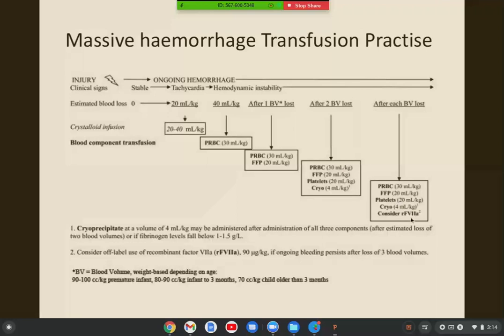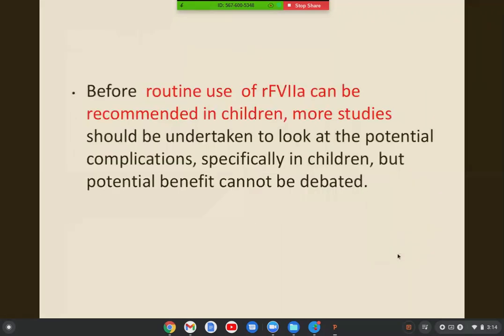Recombinant factor 7A is only given after physician discretion, and this is usually considered if the ongoing bleeding persists or the loss of 3 blood volumes has happened. That is the reason the first slide where we were telling about the volume of blood, which actually marks what is the circulating volume, is age wise.